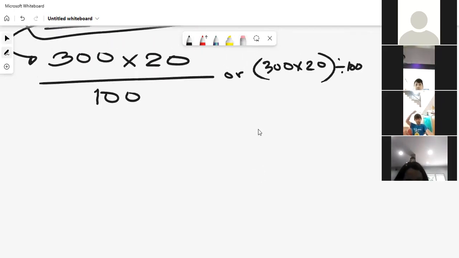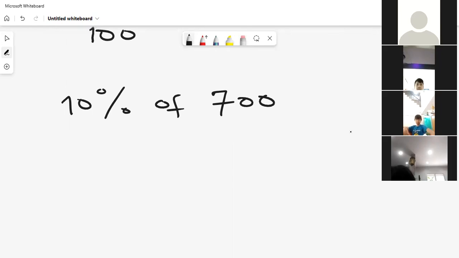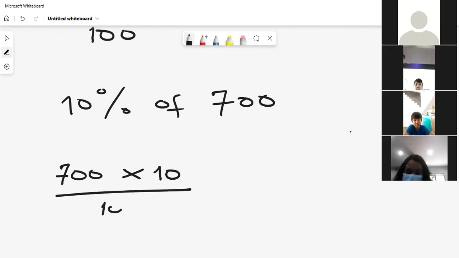Another example, 10% of 700. It will become 700 times 10 divided by 100. Okay?